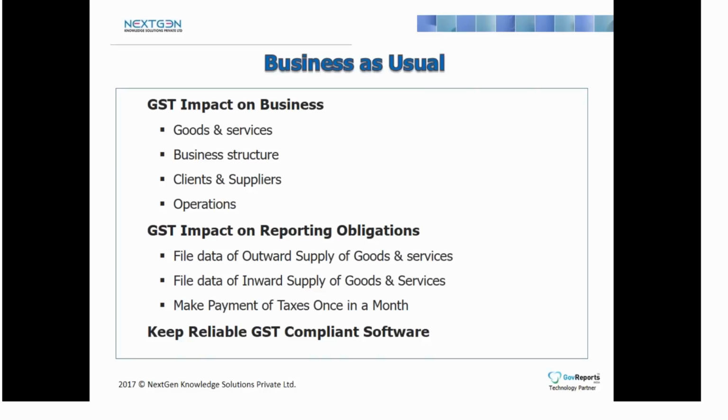Then based on these two returns, GSTR 3 will be auto-populated by the system, and after payment of taxes, the taxpayer can upload the monthly return in the form of GSTR 3. So these three will be the monthly obligation for a regular taxpayer.